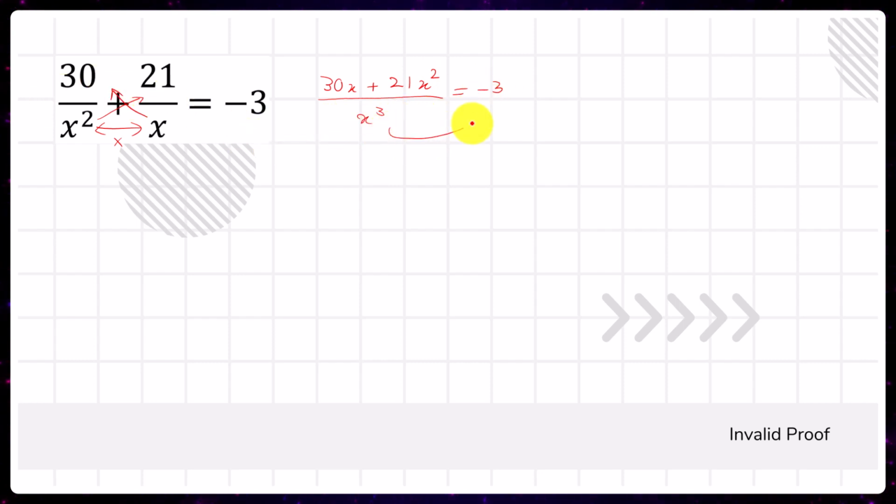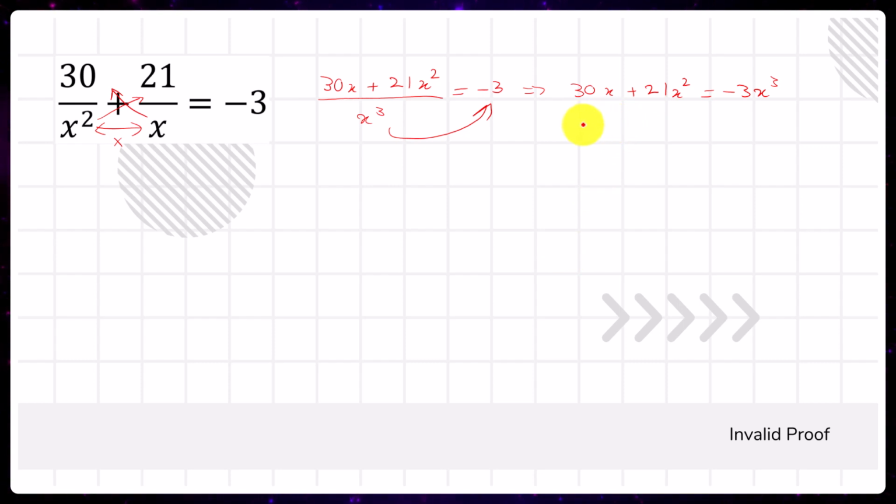Now this x cubed comes here. Just a simple strategy to solve an equation, nothing fancy. So we get 30x plus 21x to the power of 2 equals minus 3x cubed. Simple as that, right? But now this is an equation of degree 3, but we can still simplify it.